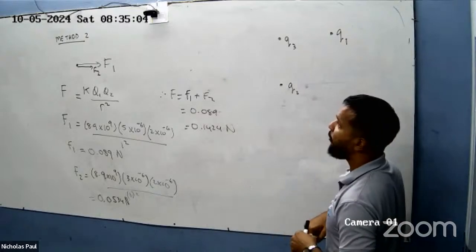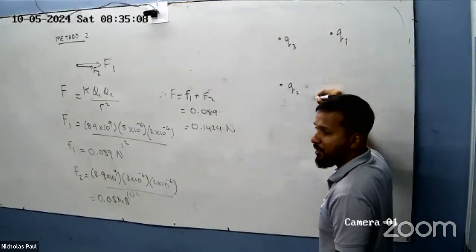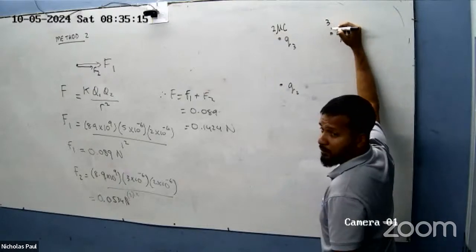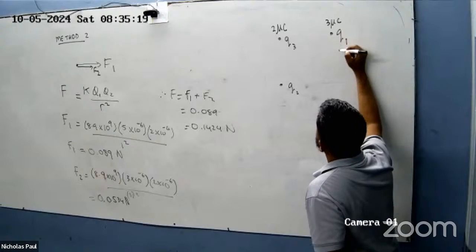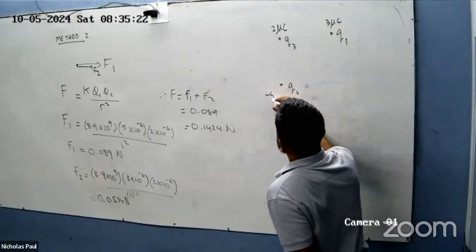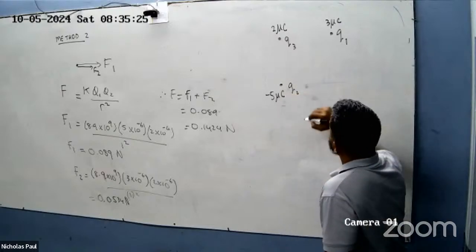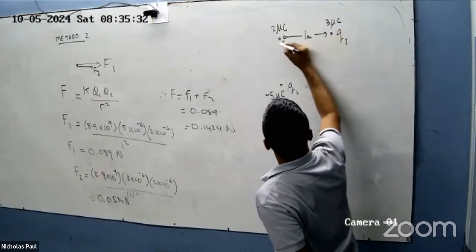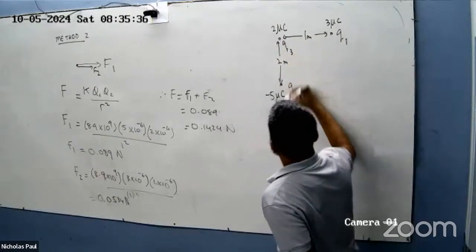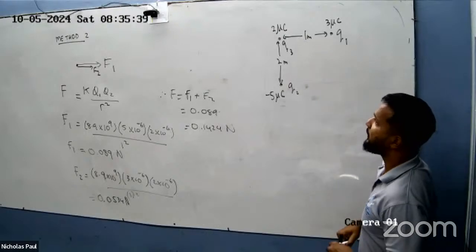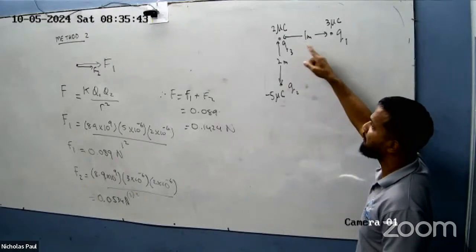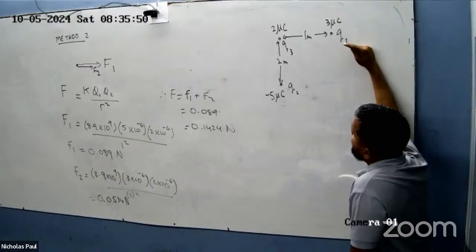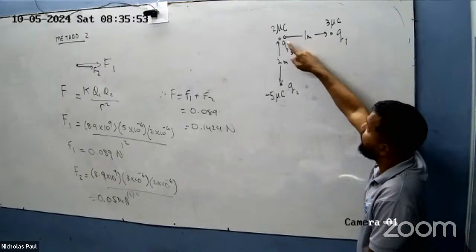Given the following values, find the force exerted on the 2 microcoulomb charge there, Q3. Find the resultant force on Q3.